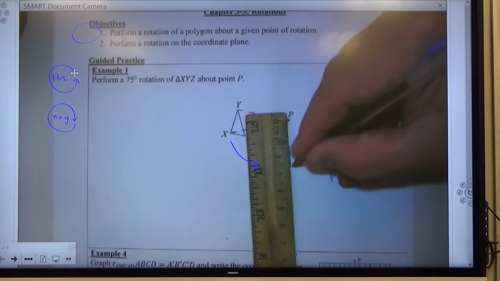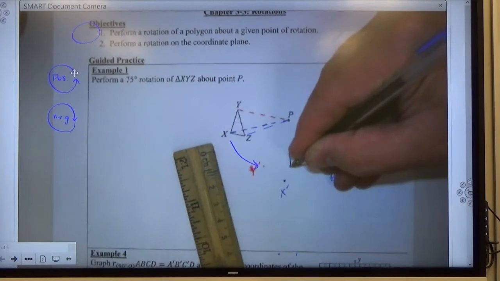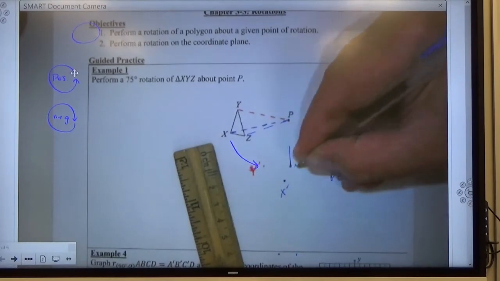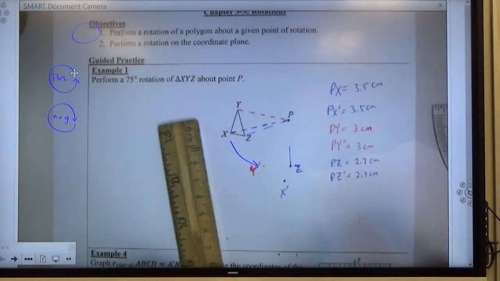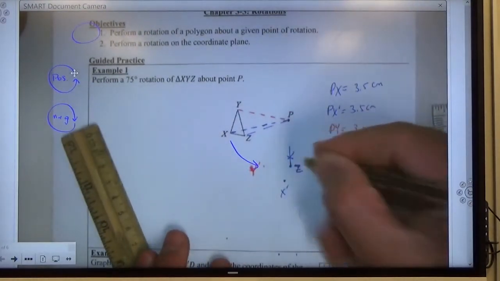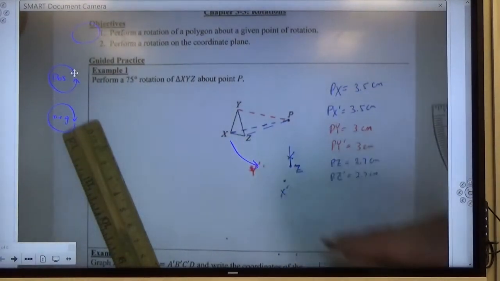Oops. Pretend that line's not drawn. I just need the dot. There's my Z prime. I put an X because I made a stray mark there by accident. I just needed the dot and made a line by accident.